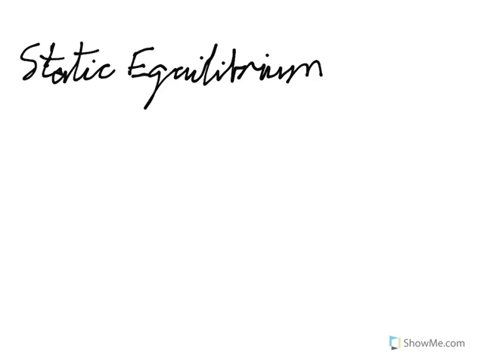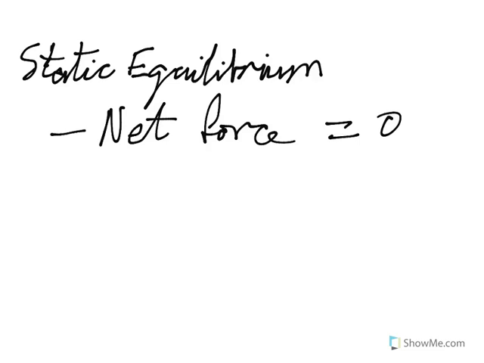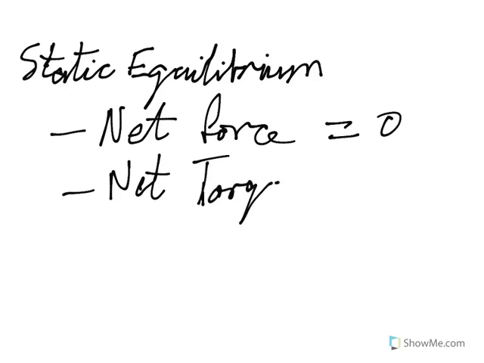Static equilibrium, so there are two things that we need here. The net force has got to equal 0, and also the net torque has also got to equal 0. All right. So if those things are true, then it would be in static equilibrium.